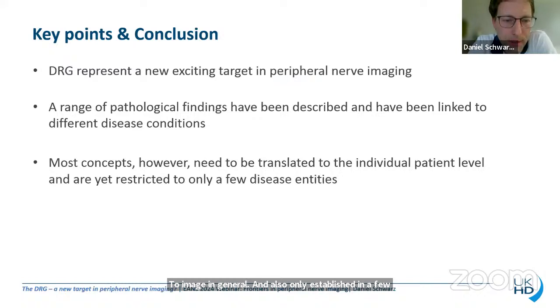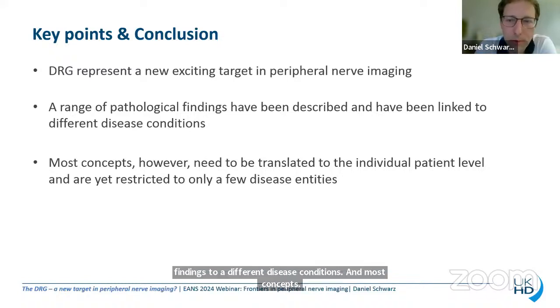But as I've already been telling you, the DRG in general represent a new exciting target in peripheral nerve imaging. There are very interesting associations of pathological findings to different disease conditions. And most concepts, however, still need to be translated to the individual patient level.